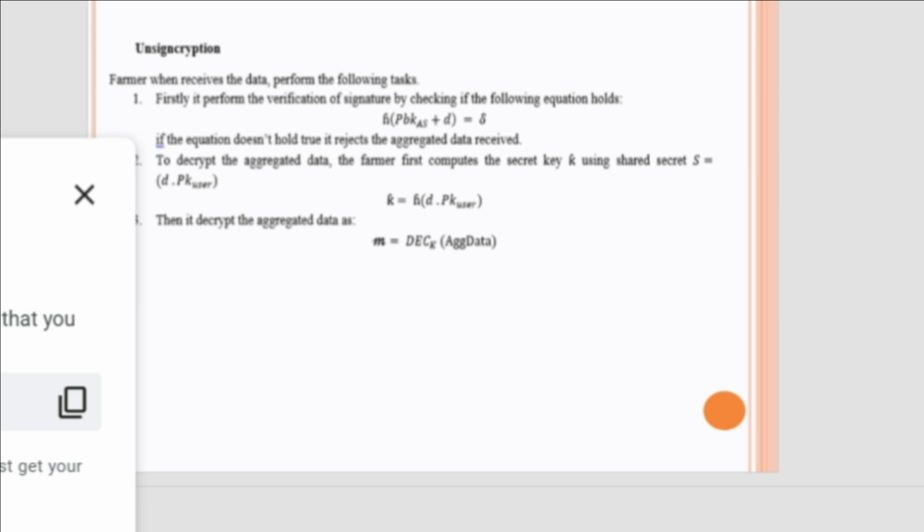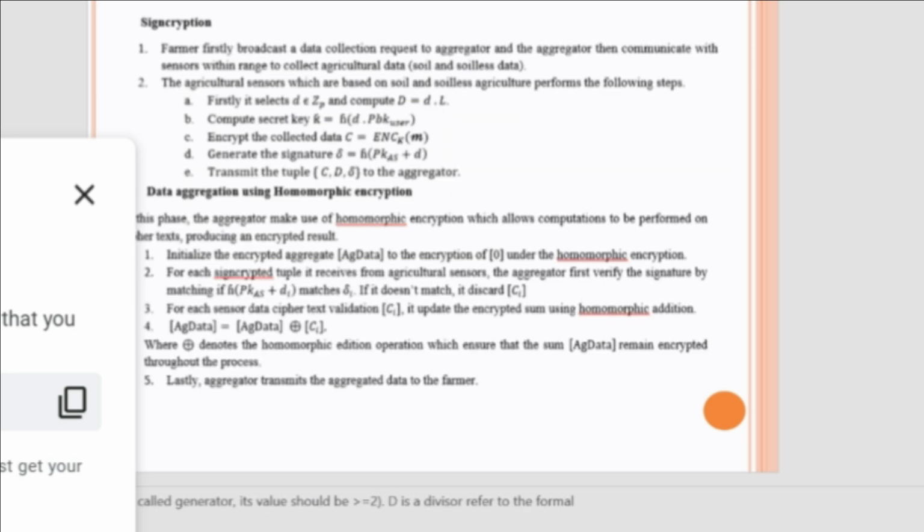About the aggregator, we cannot compute it. The aggregator is just performing the addition operation. You can see here the aggregator is not doing much computation. It is just doing this addition, and it is not asking about the intermediator.